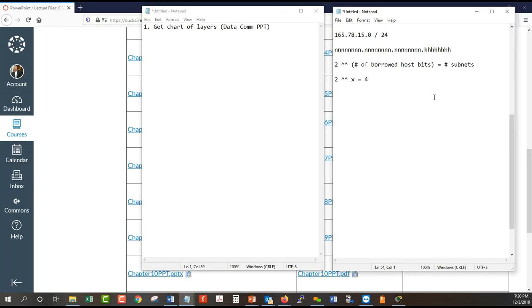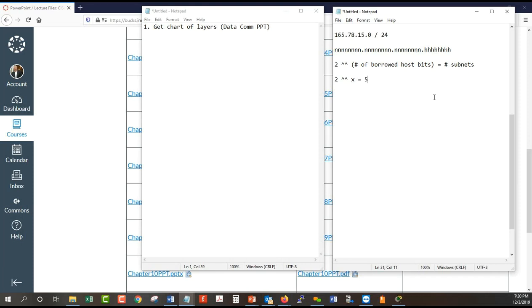We've got 24 network bits and 8 host bits. We're going to use the formula 2 raised to the power of the number of borrowed host bits. So the question is, how many bits must we borrow in order to get the number of subnets that we need? Now we need 5 subnets, okay?